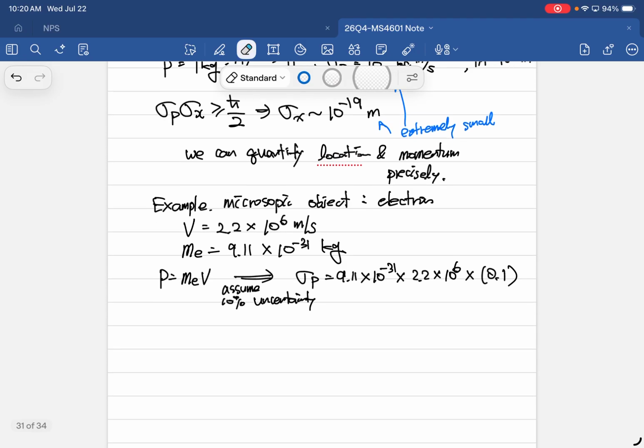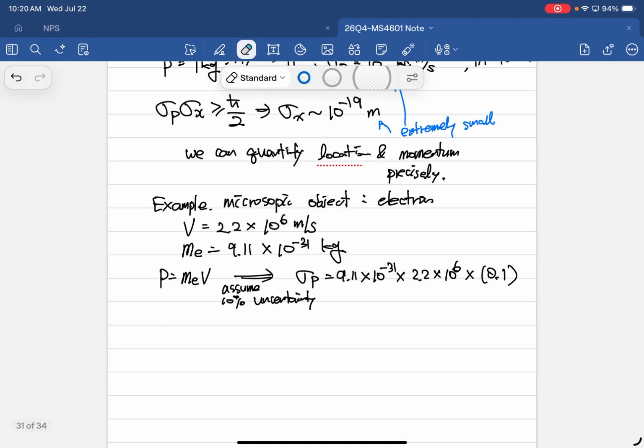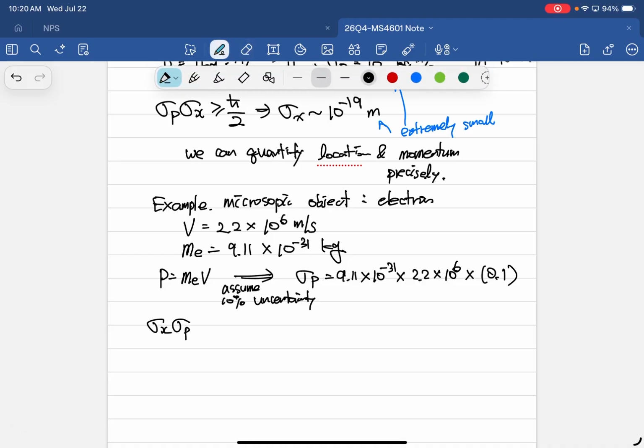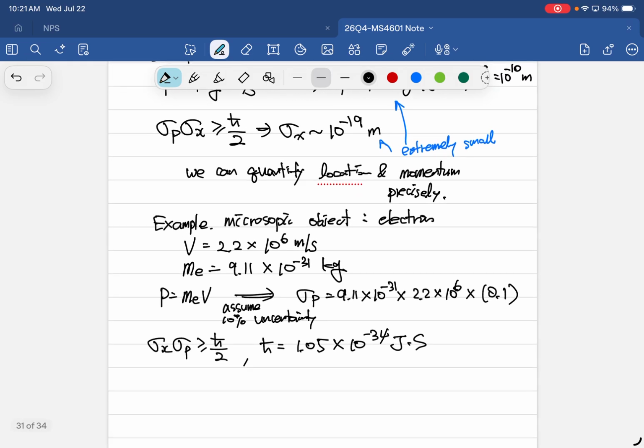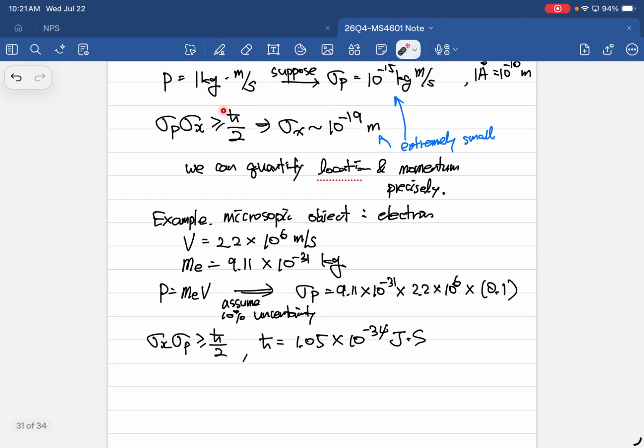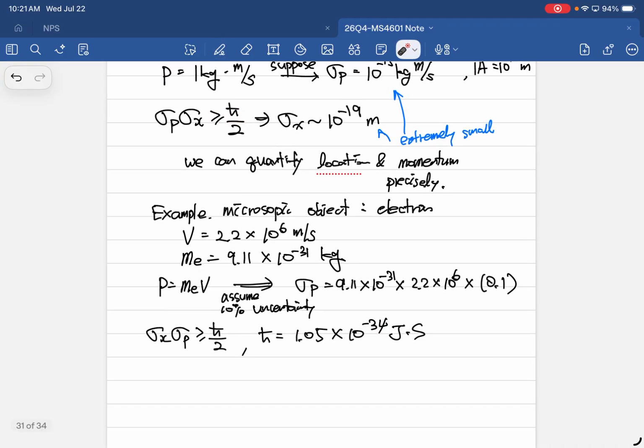So with that value, now we are going to apply the Heisenberg uncertainty principle here. It's going to be like this expression, and h bar is 1.05 times 10 to the negative 34th power joule times second. So this can be applied here also.